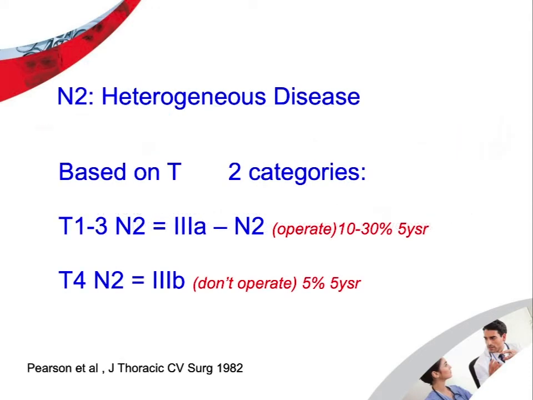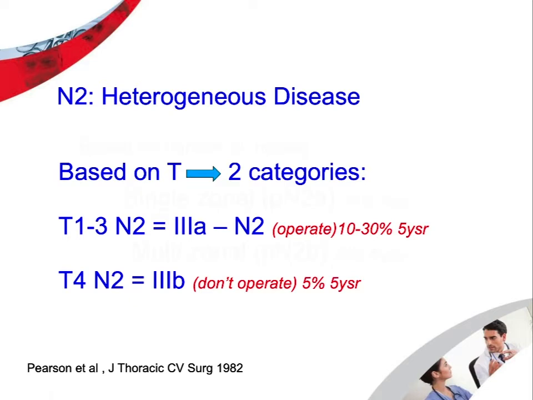N2 disease, or stage 3A because of the positive mediastinal N2 nodes, is not one-size-fits-all. It's a notoriously heterogeneous group. For example, if one takes any N2 nodal group and factorizes the size of the primary tumor with it, then we find a significant difference when the primary is bulky.